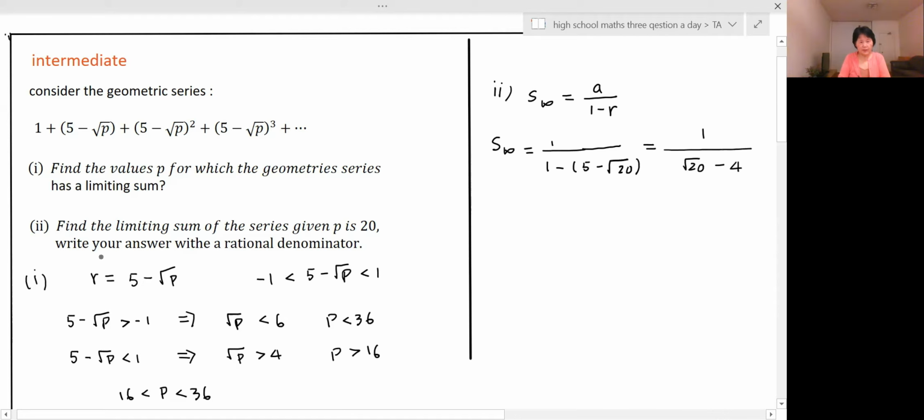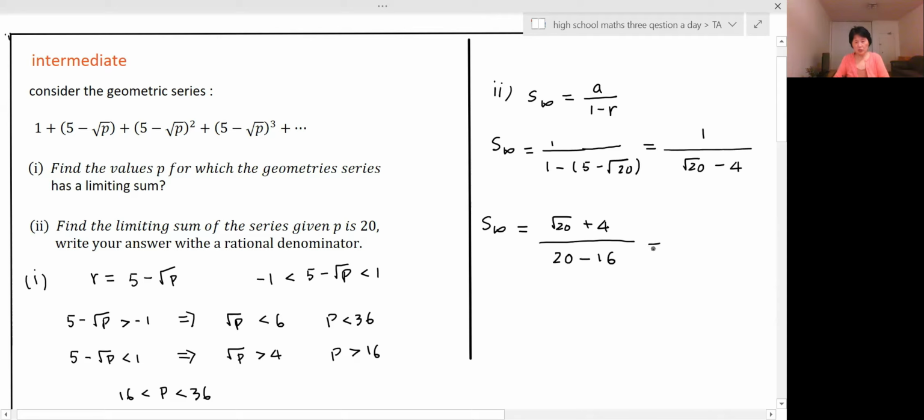Write your answer with a rational denominator. So S infinity will be equal to the top and the bottom both times the square root of 20 plus 4. The bottom times the square root of 20 plus 4 gives 20 minus 4 squared, which is 16.